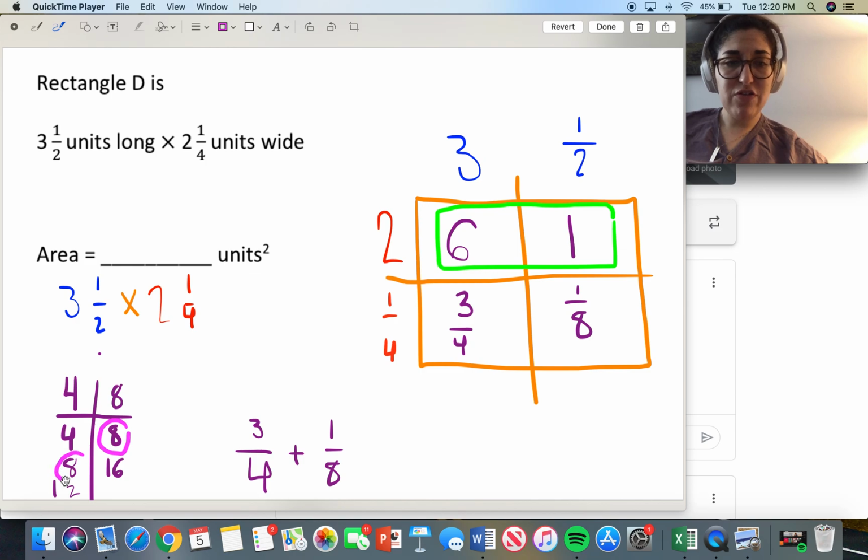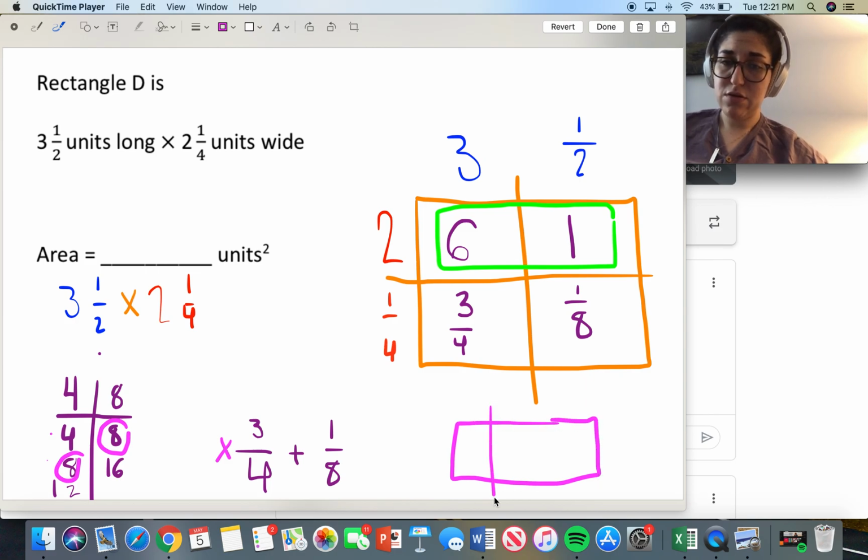If I just have 1/8 and I don't do anything to it, it'll stay 1/8. But if I take 3/4 and I multiply it by 2 over 2, let me draw 3/4 really quickly. 1, 2, 3, right? And I cut it. This is the first thing.